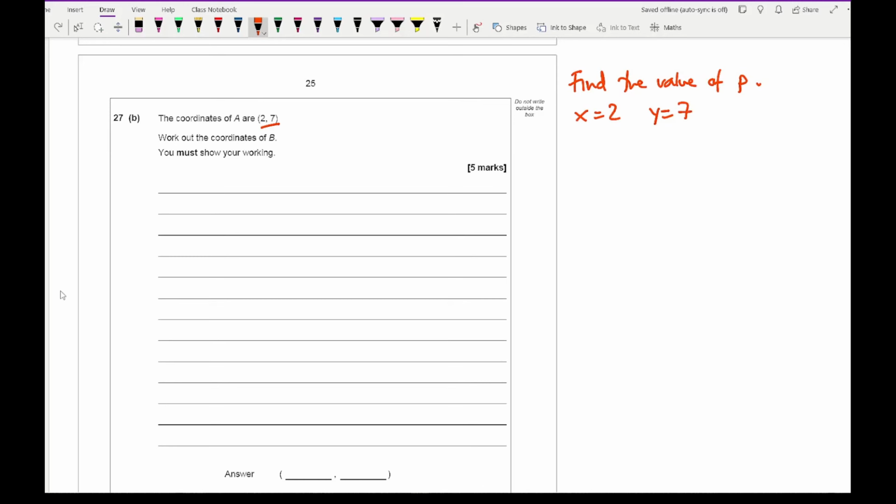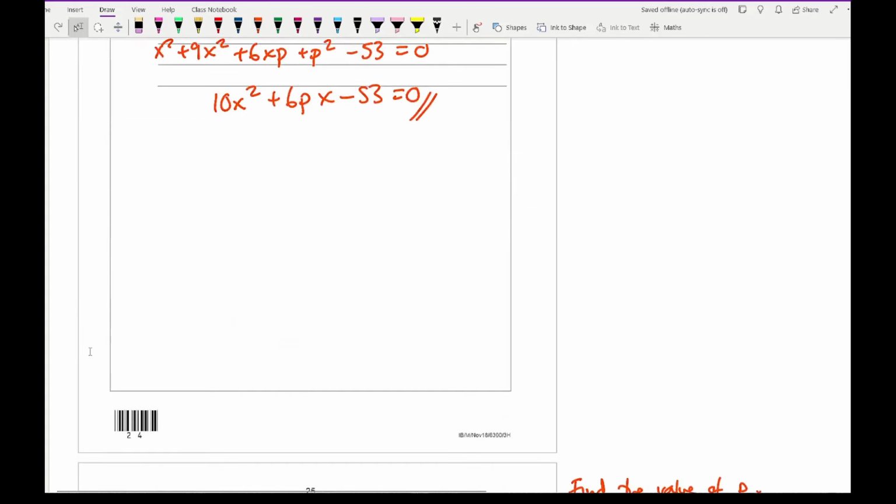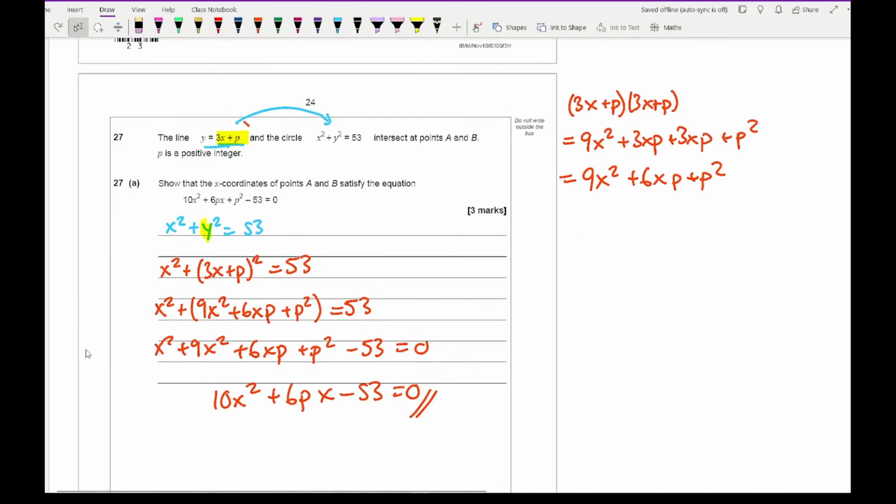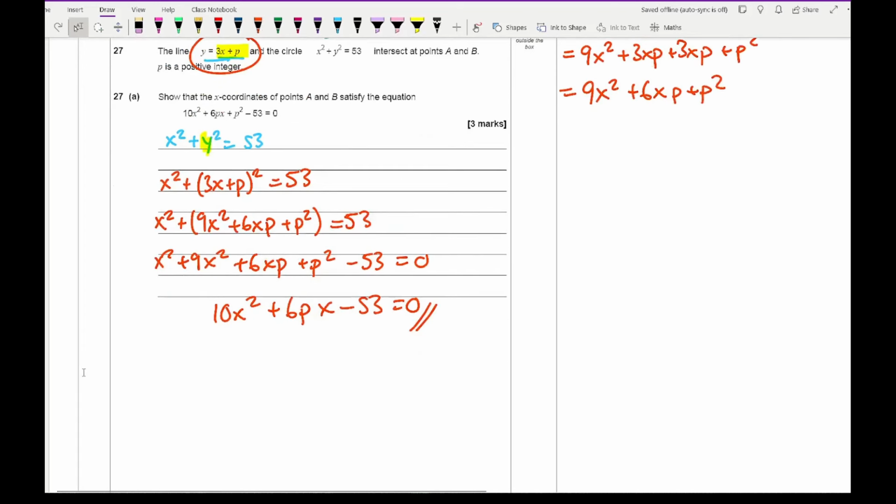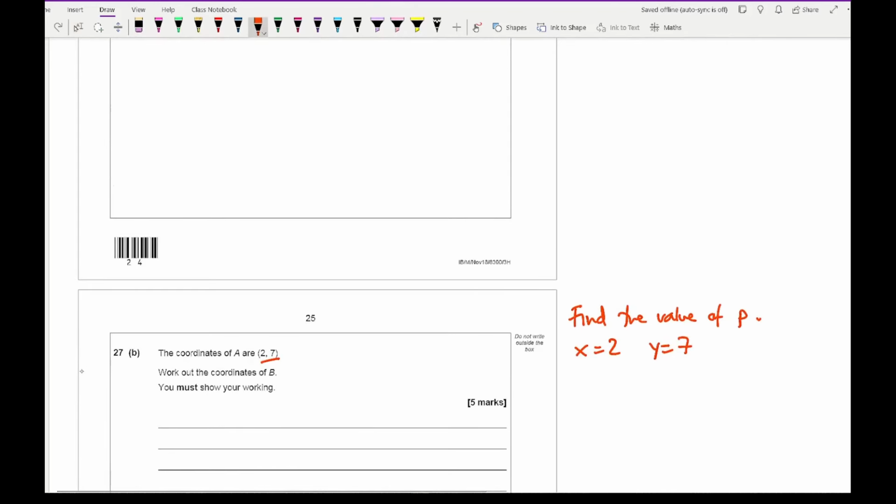So if I pick any equation, I can then work out what p is. I'm going to use this one: y = 3x + p, so I've got 7 = 3 lots of 2 + p. So from this I get a p value of 1.